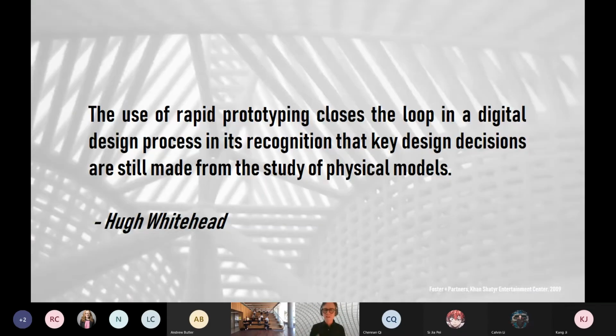And this was a really powerful thing for the office, but also for me personally, having come from a physical model making background. It was this, like Hugh Whitehead says here, this use of rapid prototyping, which closed this loop in this digital design process, because of the design decisions that are made by physical models. And this is, I think, very much true at the Foster & Partners office.